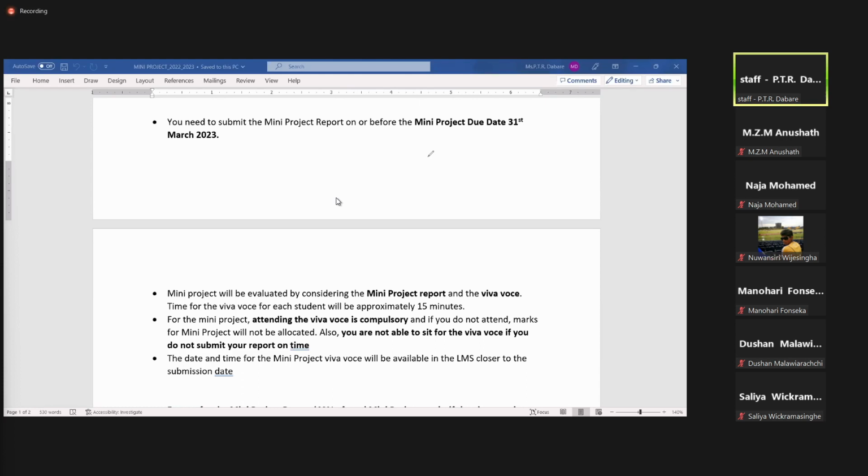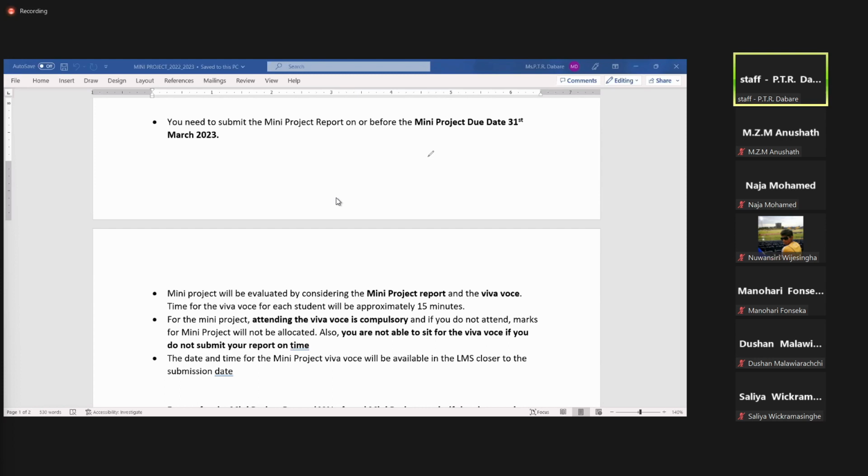According to that, you will get marks. So for the mini project, the Viva work is compulsory, and if you do not attend, marks for the mini project will not be allocated. Also, you are not able to sit for the Viva work if you do not submit your report on time. So I hope it's very clear that you need to submit the report on time.